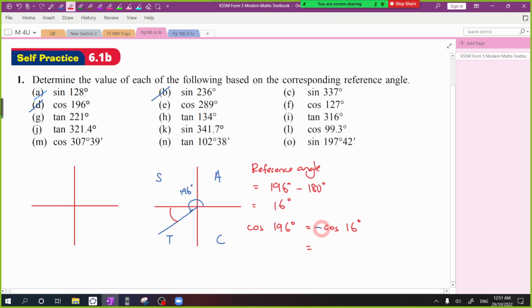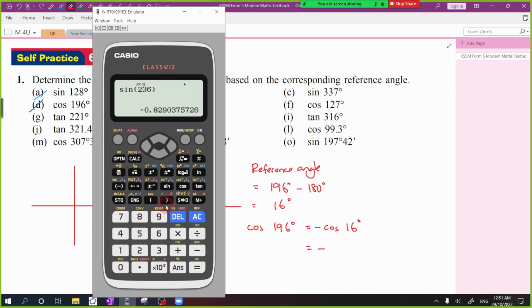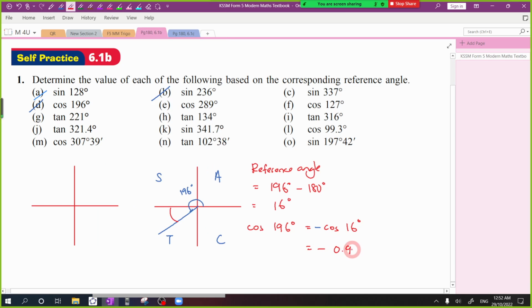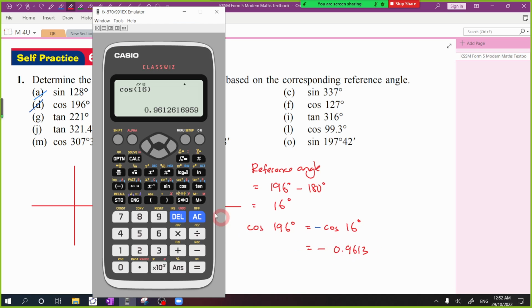Okay, next step, just copy the negative sign and press your calculator, cosine 16 degree. 0.9613. So same thing, if you want to double check your answer, you can press cosine 196. You will get the same answer.